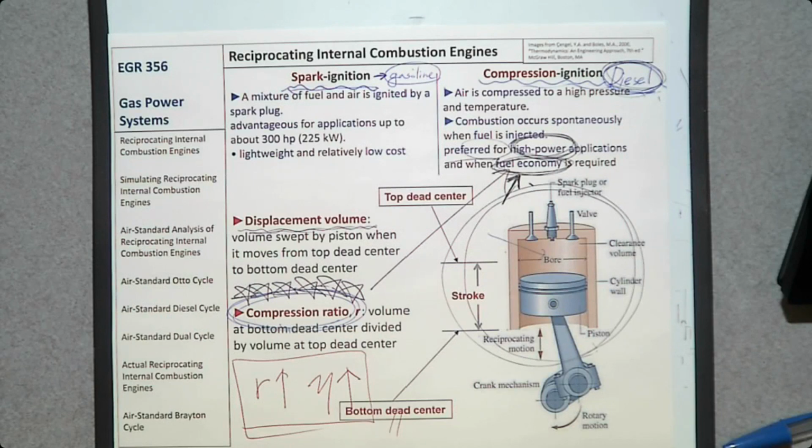when you have a gasoline engine, you have fuel and air mixed together, and then it is injected into the piston-cylinder device. You want the combustion to occur when the piston is at the top dead center.